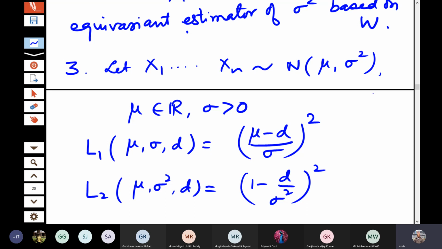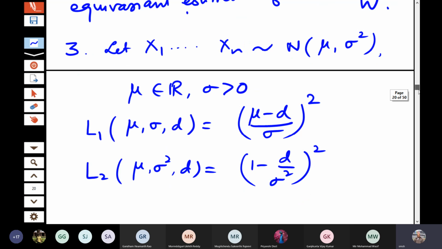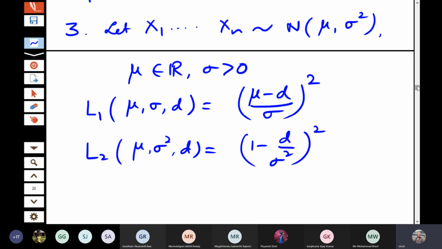Let us look at a certain group of transformations here. See, this problem we have handled extensively. We found the method of moments estimators, we found the maximum likelihood estimators, we found the UMVUEs for this one. So for mu, x bar is the MLE, it is also the UMVUE.